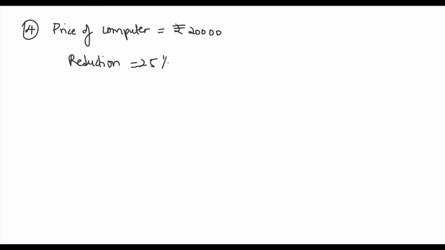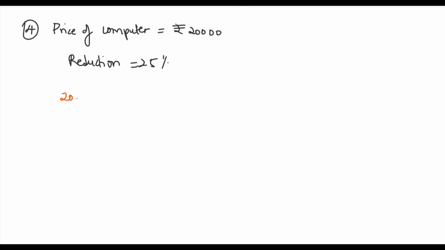Fourth question. Price of computer is given as rupees 20,000. What will the price be after a reduction of 25%?